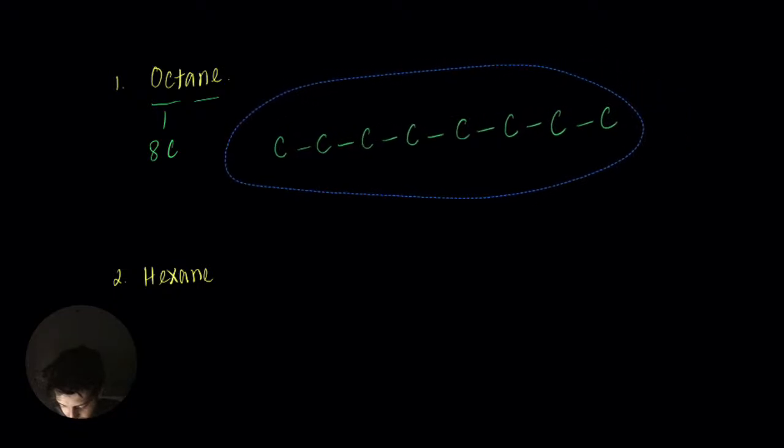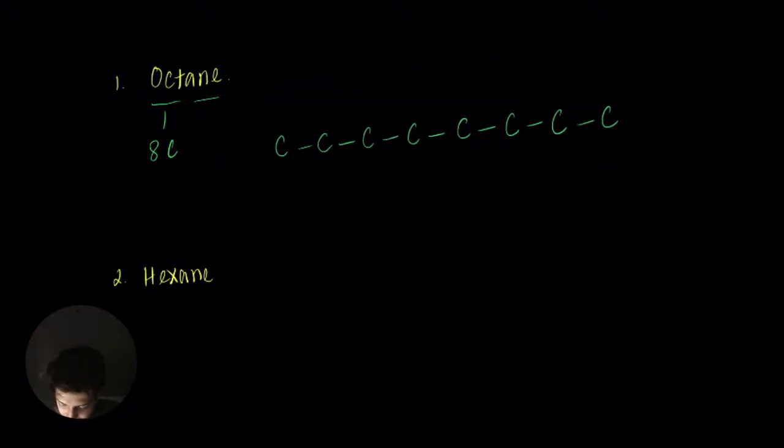Okay, I give you a head start. I'm gonna start drawing octane. Octane tells me that the word oct means it has 8 carbons, and ane tells me it's just a straight chained happy molecule. So that's 1, 2, 3, 4, 5, 6, 7, 8. Okay, I can never do it in a straight line.